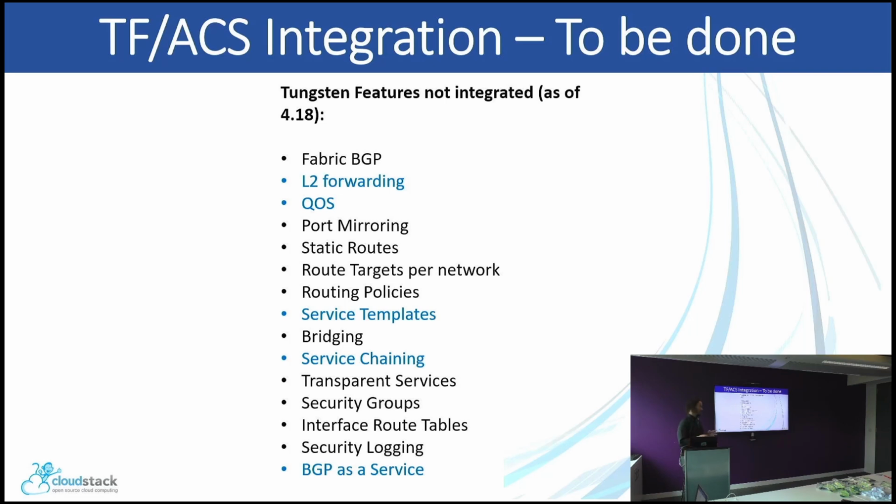You can just tell Tungsten Fabric that to go from VM A to VM B, or the set of VMs to the set of VMs, you have to pass through the set of firewalls. And if the traffic's a different port passes through this IPS IDS, you can just steer traffic in any way you want. You can have BGP as a service for each isolated network running their own BGP session, which is quite interesting as well. And I'm sure there are lots more features that I just haven't found yet.